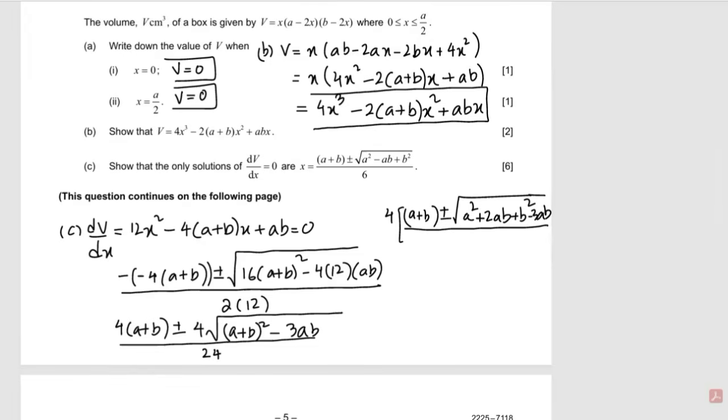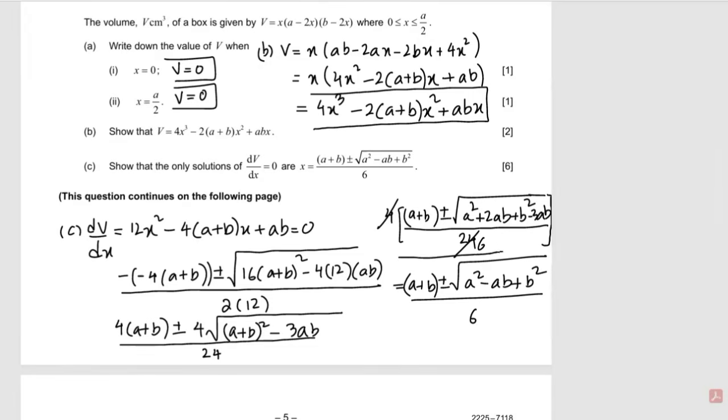But in the actual exam, you will be given an answer booklet to write on. So let's close the bracket. And this is 24. So now 4 times 6 is 24. So I'll be left with A plus B plus or minus root of A squared minus AB plus B squared, and divide by 6. Hence shown.